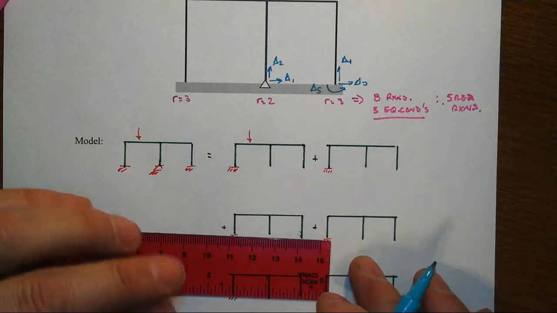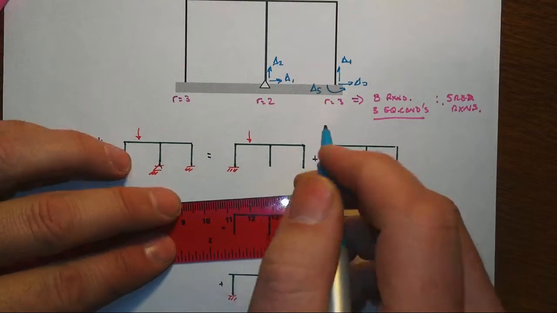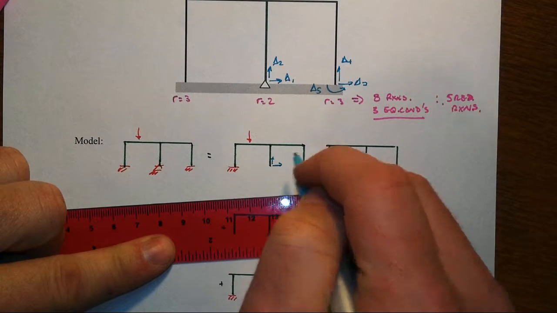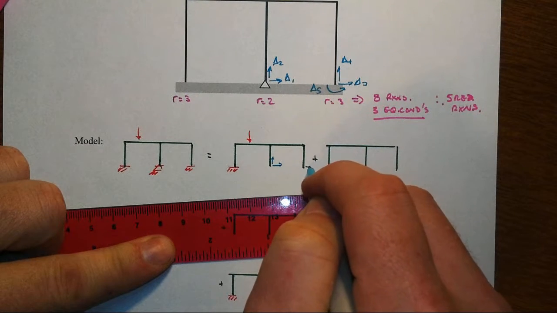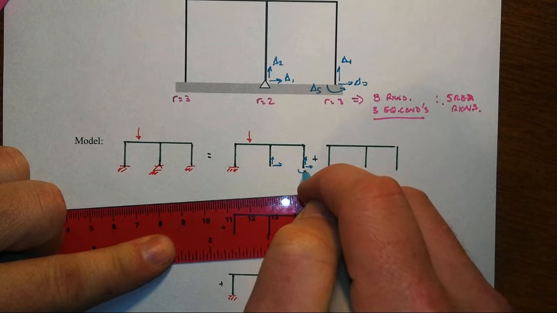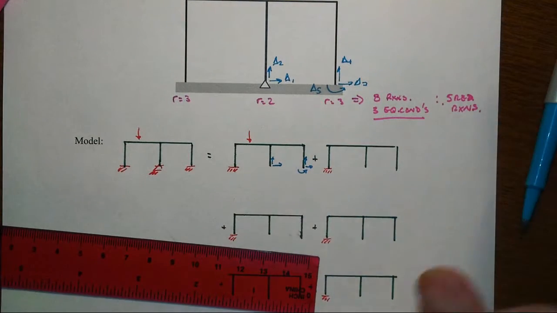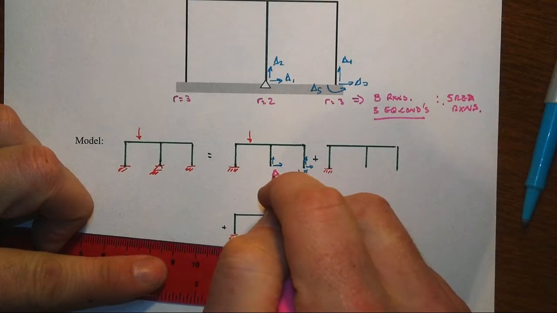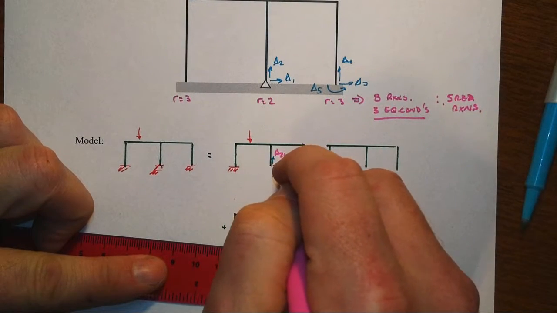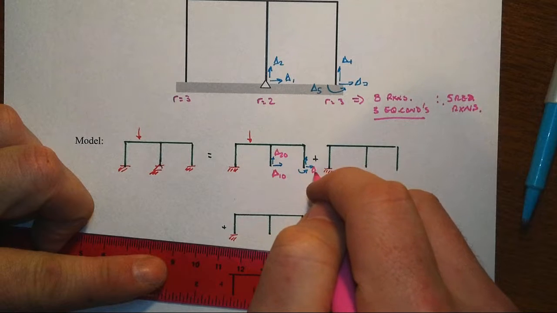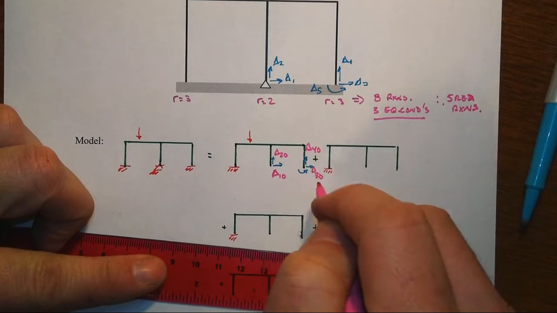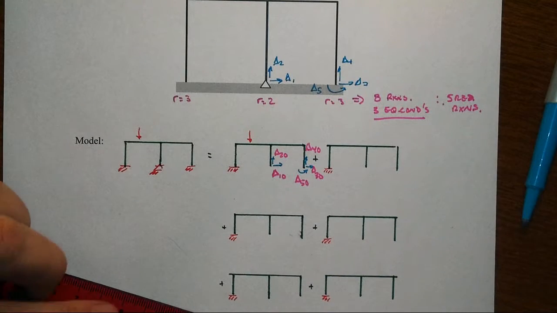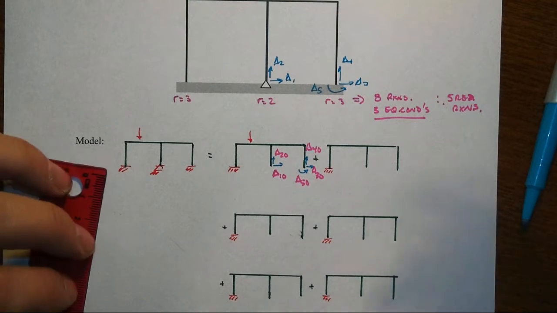So we've got to calculate the displacements for each and every one of those relaxed reactions. Those are going to be in the primary system, so that's delta 10, delta 20, delta 30, delta 40, and delta 50. We've got 5 of those that we're going to have to calculate.